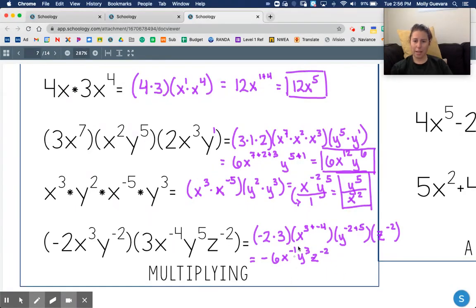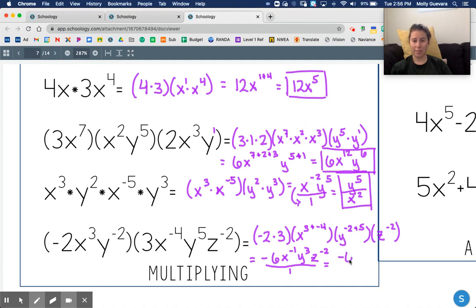So since I have negative exponents, I need to make this a fraction, put it over 1, and these negative exponents need to come down. Now, this 6 is negative, but the exponent on the 6 is a 1. The exponent is not negative. So just keep that in mind. The exponent can't be negative. The number is fine to be negative. It's just the exponent that can't.